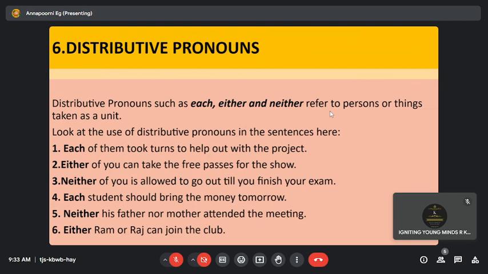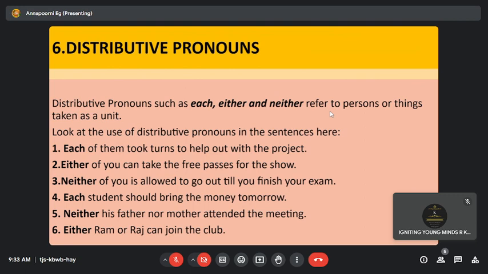Neither his father nor mother attended the meeting. So father भी meeting नहीं attend किया, मदर भी मीटिंग अटेंड नहीं किया. Okay? Either Ram or Raj can join the club.